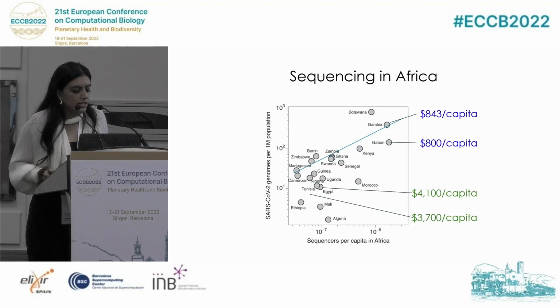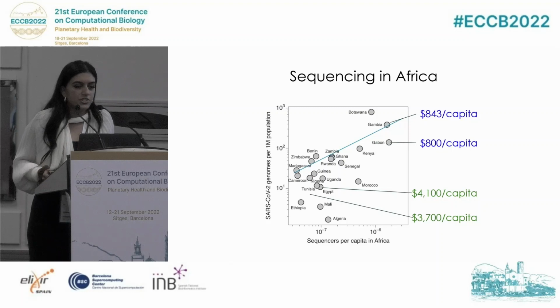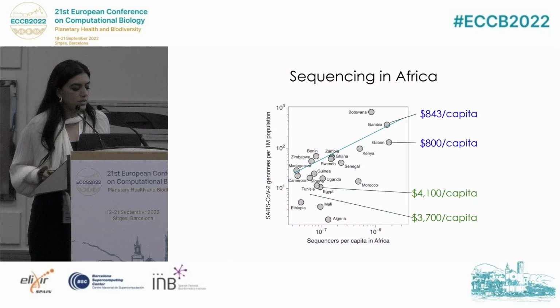Taking a closer look at the sequencing efforts in Africa, we can see that there are 4 countries highlighted. Although the 2 countries in blue, Gambia and Gabon, towards the top, have significantly lower GDP per capita than the countries in green, Tunisia and Egypt, towards the bottom, the former countries are actually more equipped with sequencing capacities and submitted more sequences.